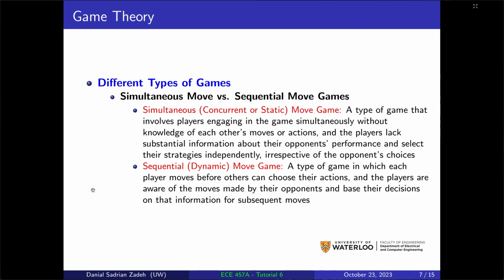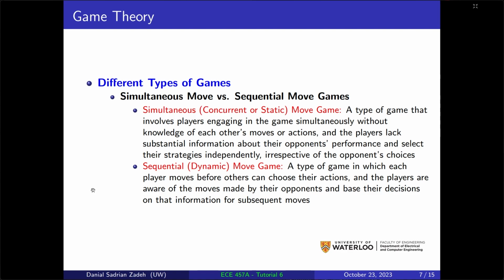The players lack substantial information about their opponent's performance and select their strategies independently, irrespective of opponent's choices. So they both act at the same time, and they don't have any idea about the strategies of the other opponent.